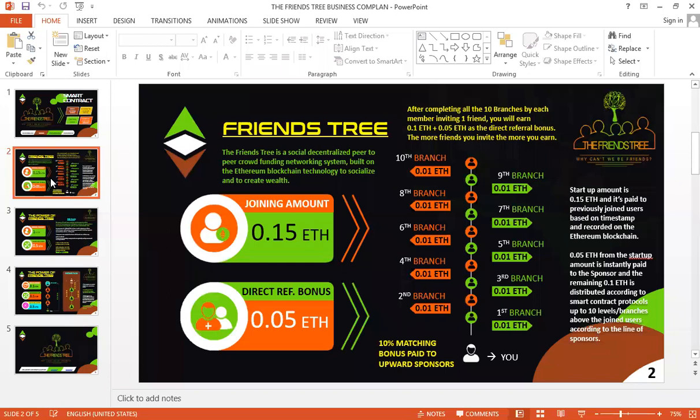The direct referral commission is 0.05, not 0.01. If you invite 5 people directly, you will earn 0.05 on each. If those 5 people invite others, you will earn 0.01 each. Hope this is clear now, because people were saying 0.01 only for the referral.